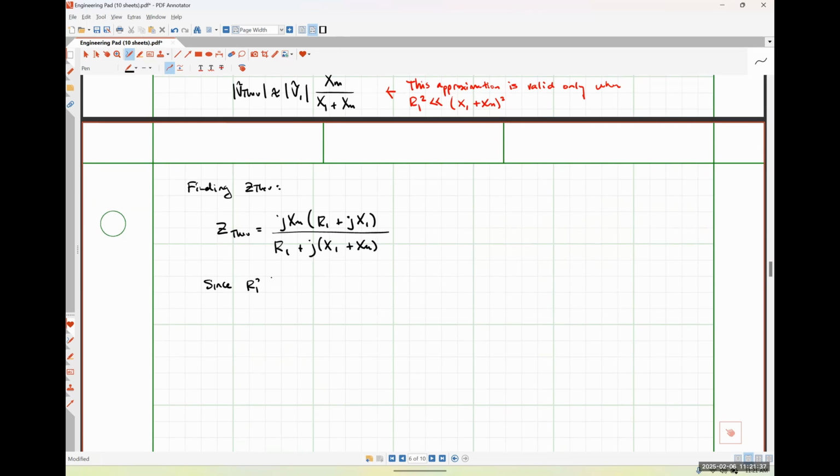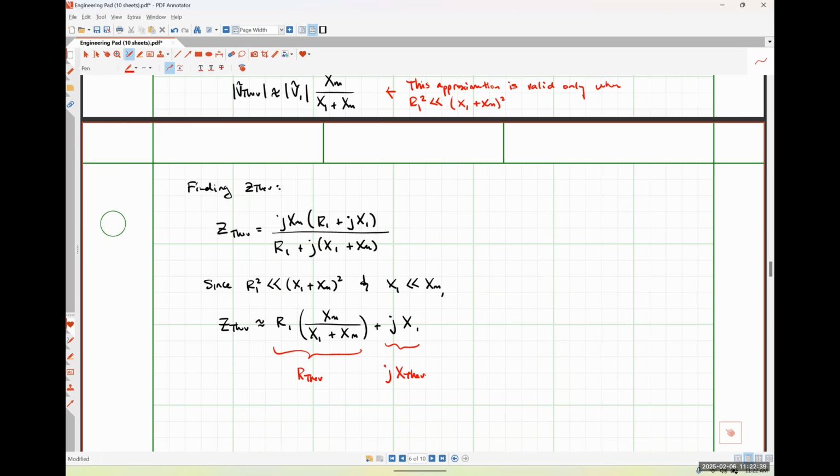Okay. So since R1 squared is much less than (X1 plus XM) squared for most cases, and X1 is much less than XM, our Thevenin equivalent impedance can be approximated as R1 multiplied by XM over X1 plus XM, plus jX1, where this guy right here is our Thevenin resistance, and this guy right here is j times our Thevenin reactance.